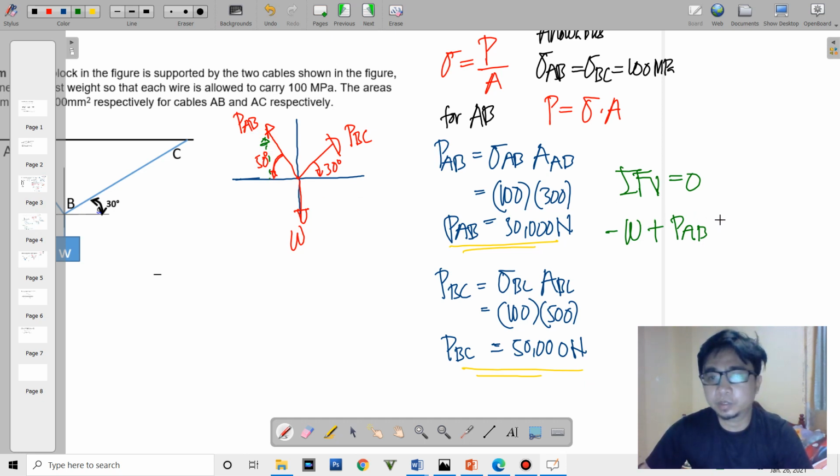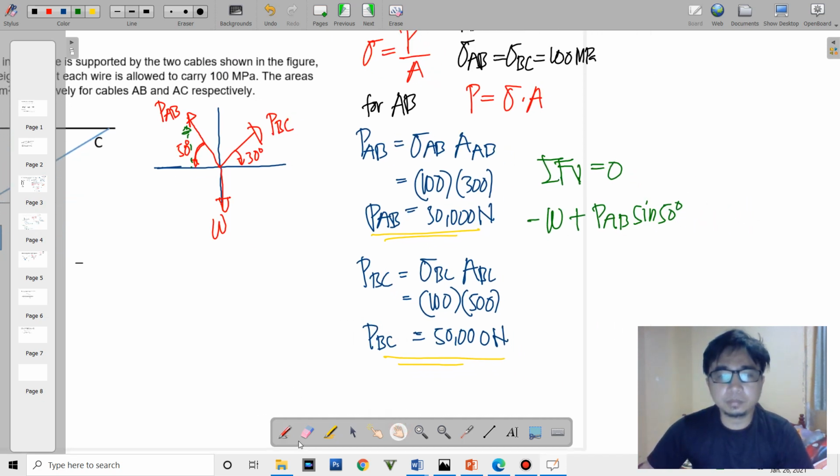So we're going to use sine 50 here, and then an upward force of PBC.